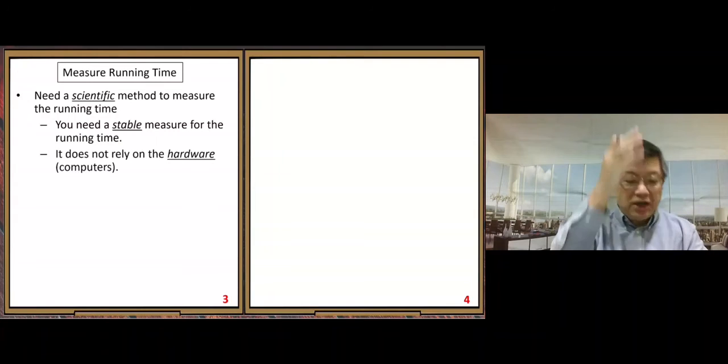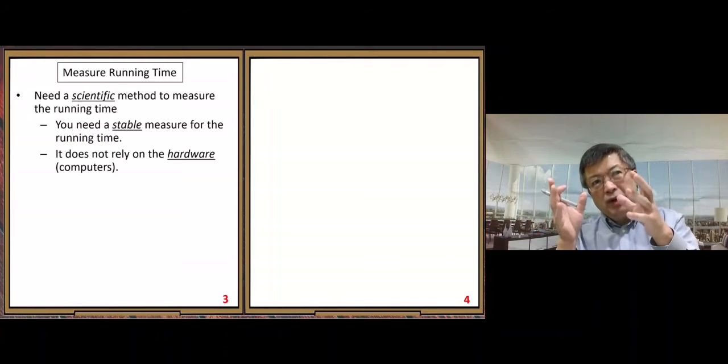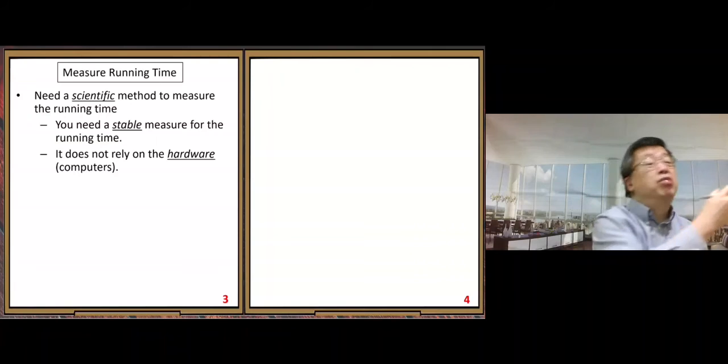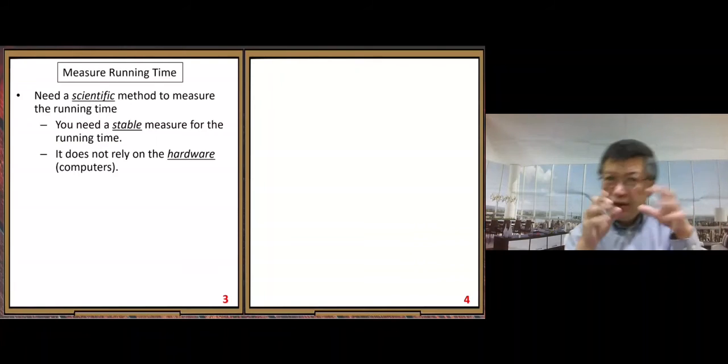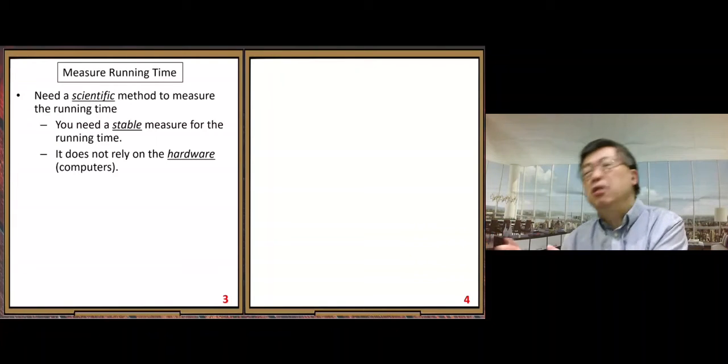It does not rely on the hardware, the computers. Otherwise, it does not make sense. Someone has a slow algorithm but uses a supercomputer, someone has a better algorithm but uses a very slow computer.